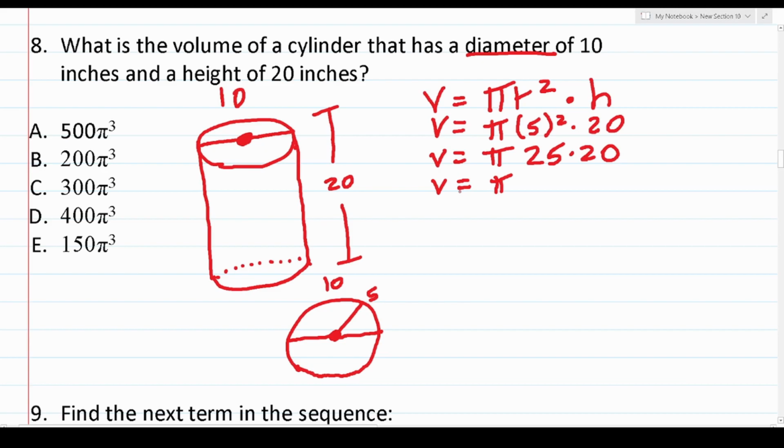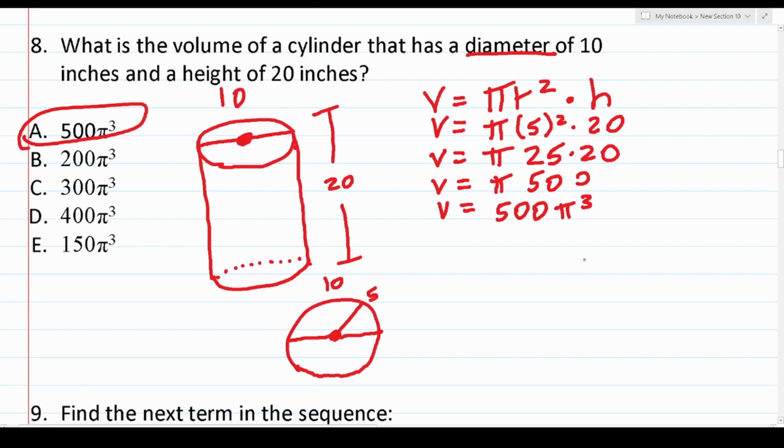Again, 20 times 20 would be 400, and that leaves you with 5 times 20 left. 5 times 20 is 100, so 100 plus 400 would be 500. Therefore, we know the volume of this cylinder is 500 pi cubed. Again, cubes always go with volume. Squares always go with surface area, so the answer to this one is A, 500 pi cubed.